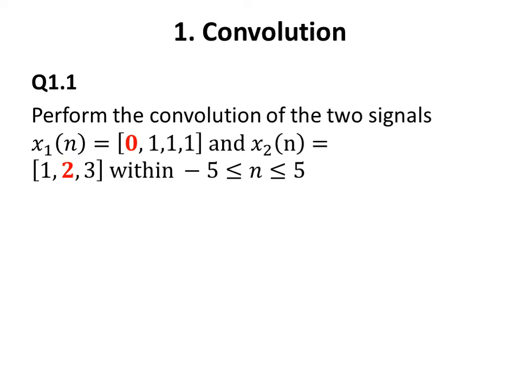When we are using the conv command, first of all you have to write in the arguments the first signal, which is x1, then the next signal x2, then you have to write down the shape of the signal. You can write it as 'same', which is a string.